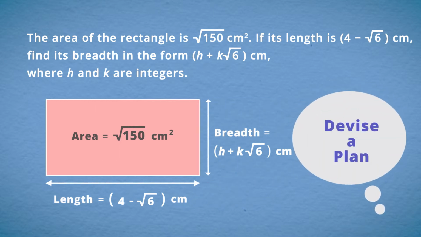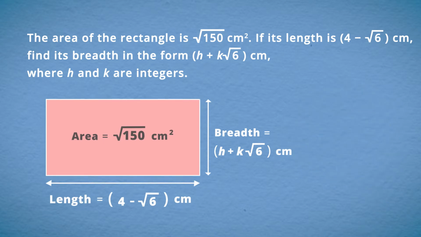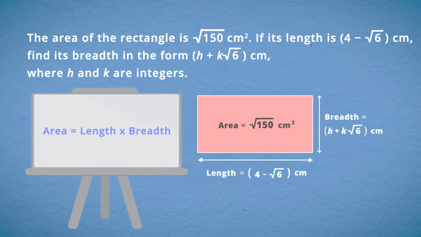Let's look at the diagram again. You have a rectangle, and you know the area and its length, and you need to find its breadth. Can you think of the relationship between the area and the dimensions of a rectangle? Yes, you're right. The area of the rectangle is equal to the length times breadth.